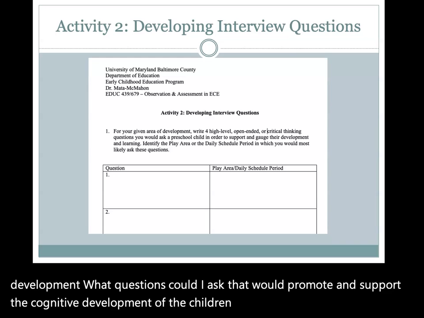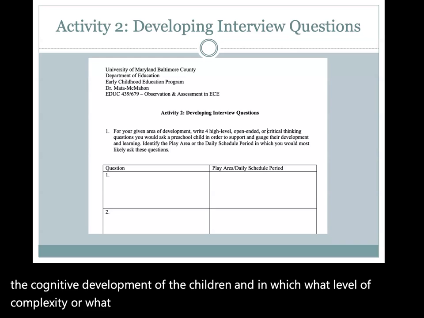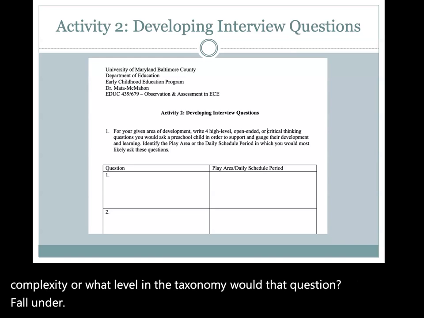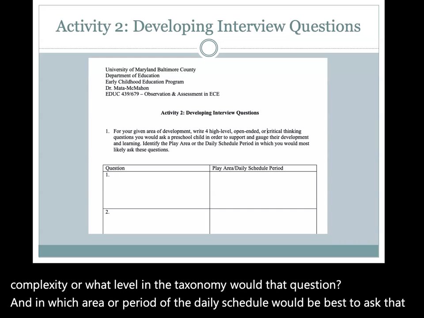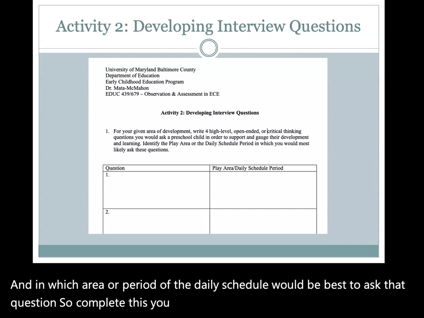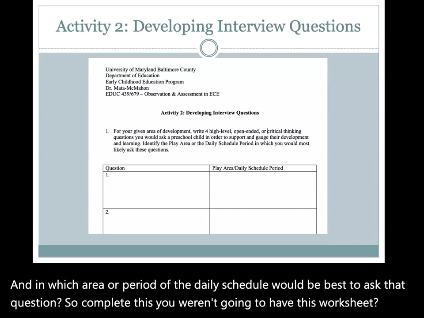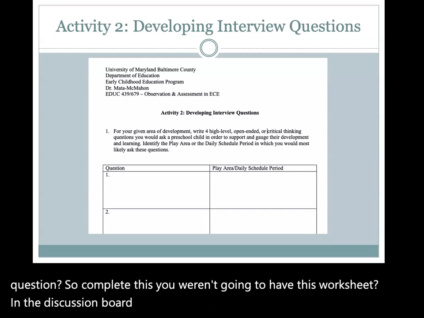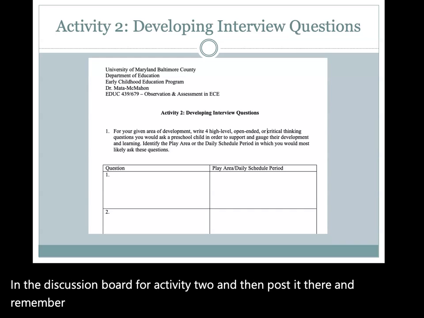And what level of complexity, or what level in the taxonomy, would that question fall under? And in which area or period of the daily schedule would be best to ask that question? So complete this. You are going to have this worksheet in the discussion board for activity 2, and then post it there, and remember to also comment on at least one of your classmates' posts.